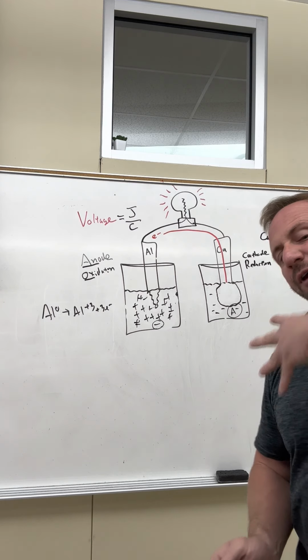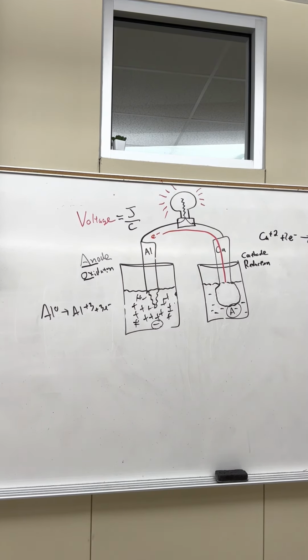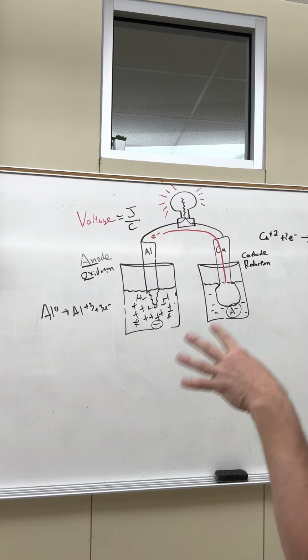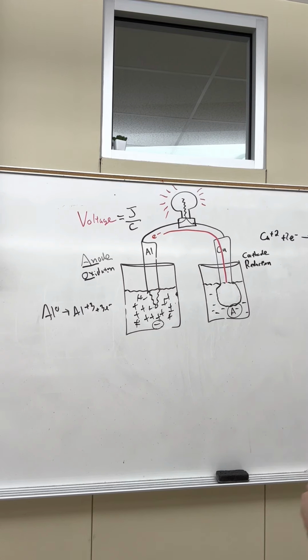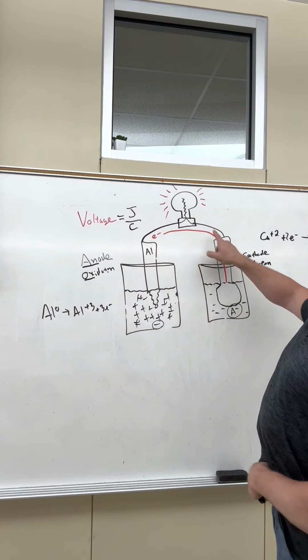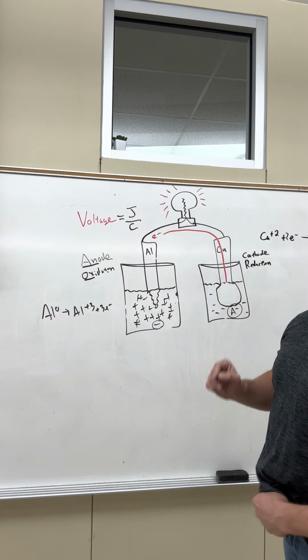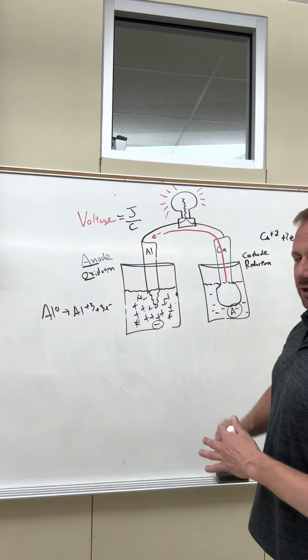Well, this becomes a problem. Remember what the situation is. We have the law of electrostatic attractions and repulsions. We have the copper +2 ions pulling the electrons this way, so negative charges being pulled by positive charges inside the solution.